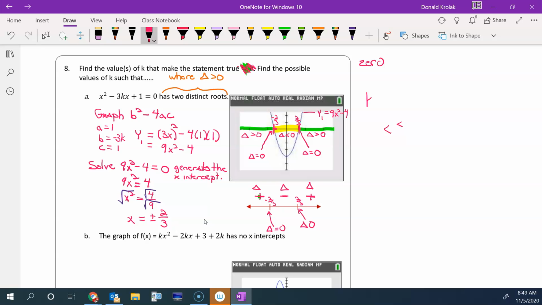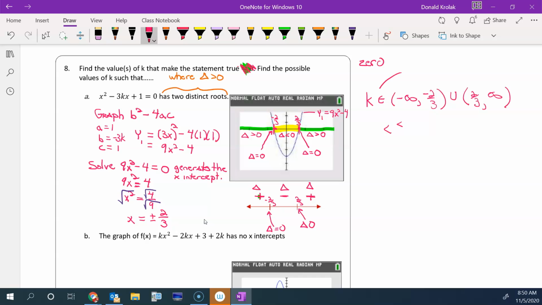All right. So what this means, k is in either this interval, negative infinity to negative 2/3, or k is in the interval 2/3 to positive infinity.